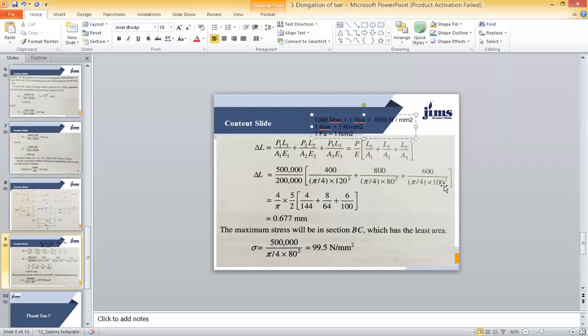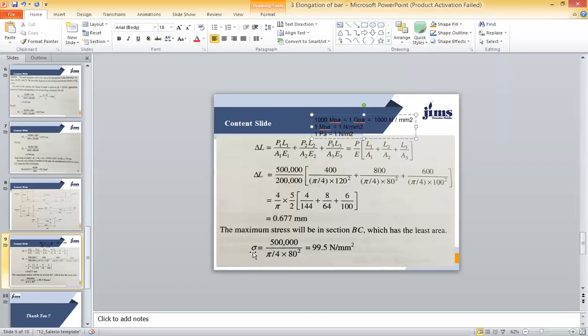Out of these three, we have to find the least diameter or least area, because area is inversely proportional to stress. If the area is least, then the stress is maximum.